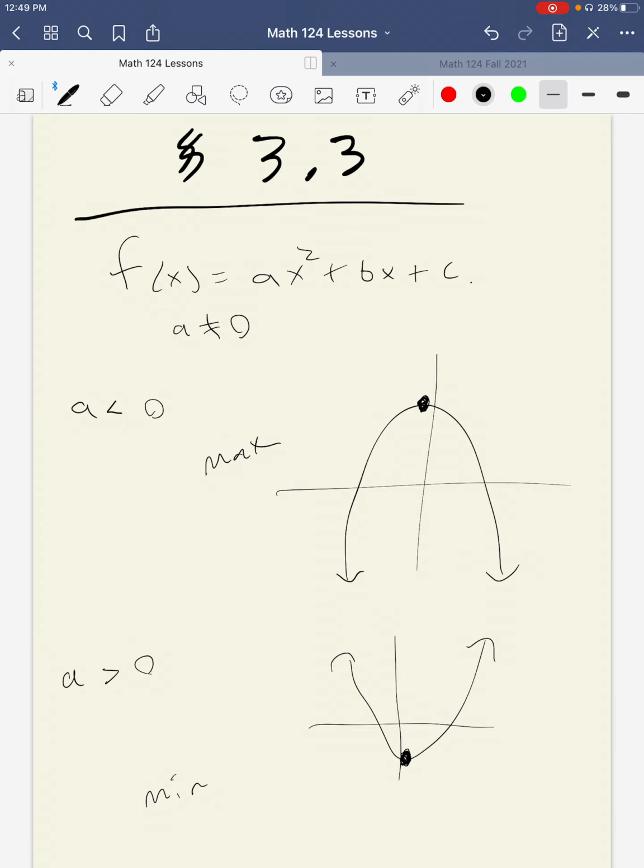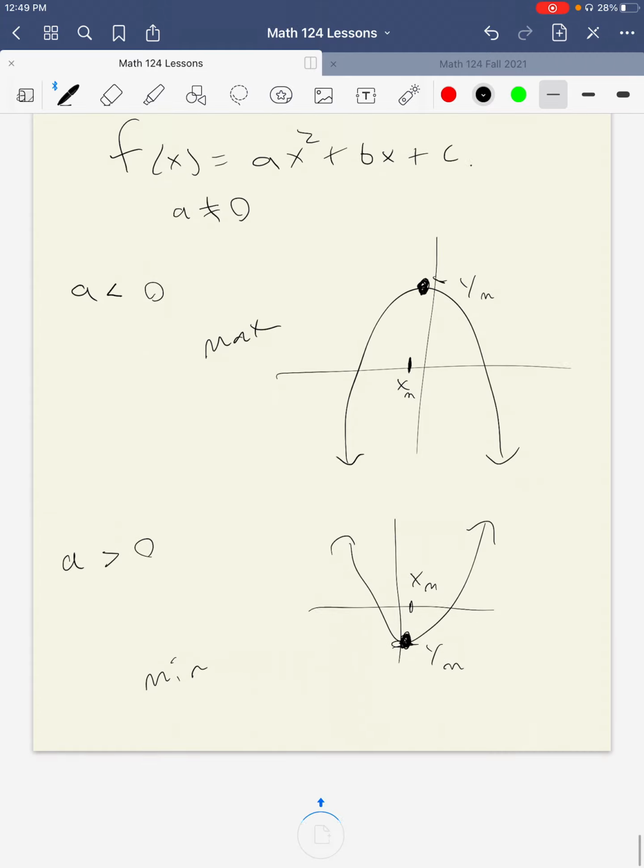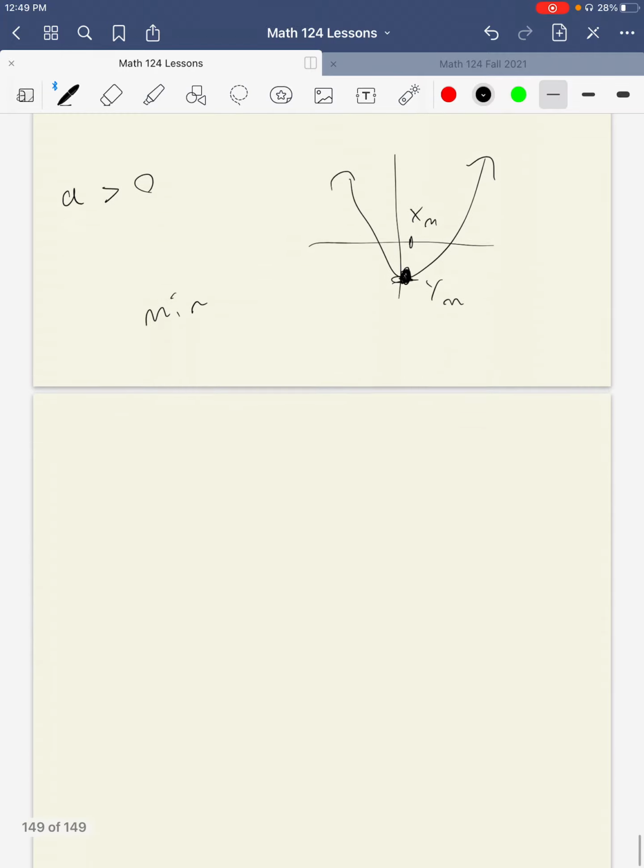Okay, so when the function has a maximum or a minimum, we are interested in the x and the y value for which the maximum or the minimum is obtained. Right, so as you can see on the graph, I'll just call them xm, ym. Now, one really easy way to do it is a formula here.